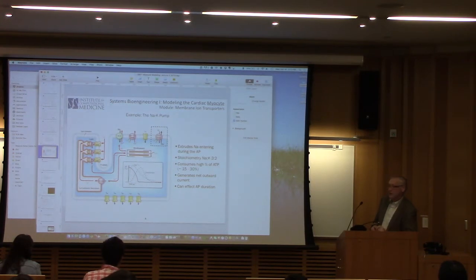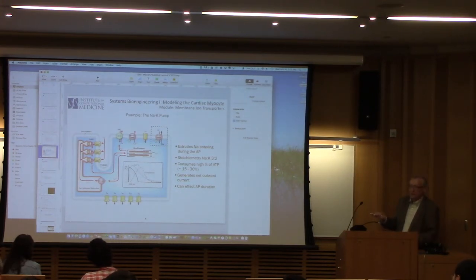And because of that, even though it's not an ion channel per se, it's not a voltage-gated ion channel, it is a membrane transporter that generates a current. And therefore, if we were to change the extent to which this particular protein is expressed in a cardiac myocyte, to upregulate it or downregulate it, that does affect a transmembrane current.